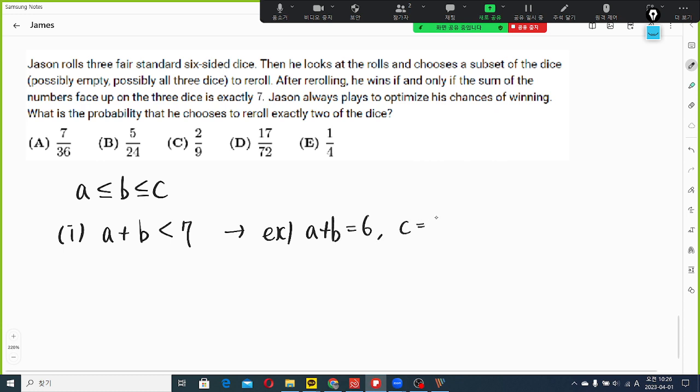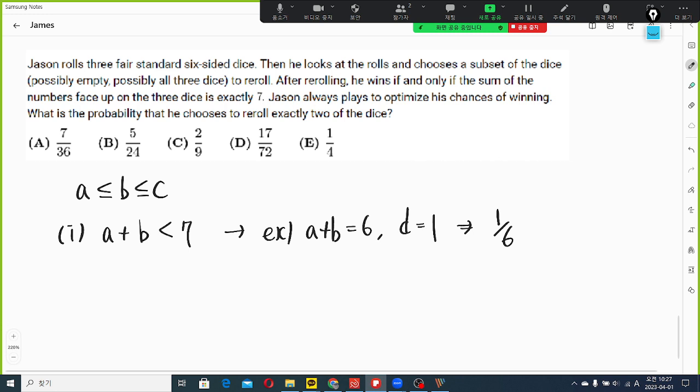In such case, we pick the C, and then let's say the number that turns up after the re-rolling is D. And if D is 1, now the sum is exactly 7, and he wins. And the probability of getting one number out of one die is 1/6.